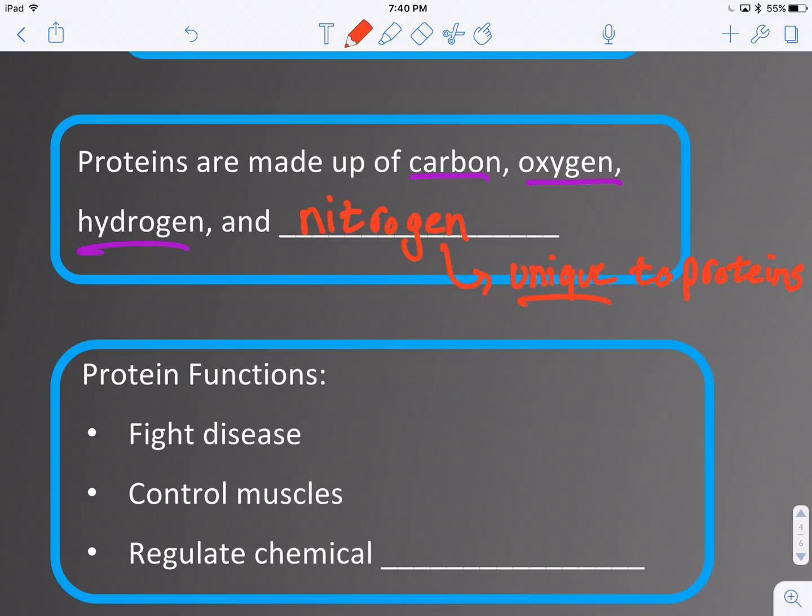So what do we need proteins for? Well, they first of all help us fight disease. They are part of our immune system, which is really cool. They help control our muscles and even build them.